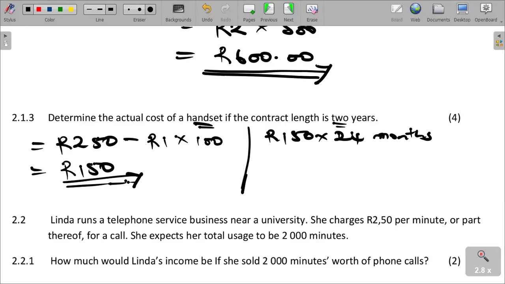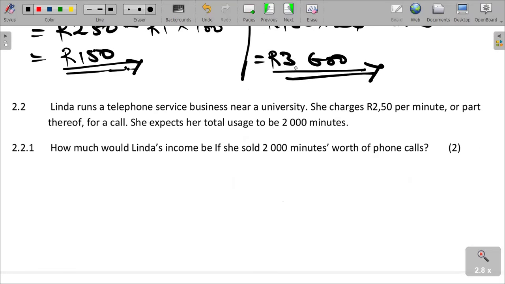That's going to give us 3,600. 3,600 is the cost of the handset alone.